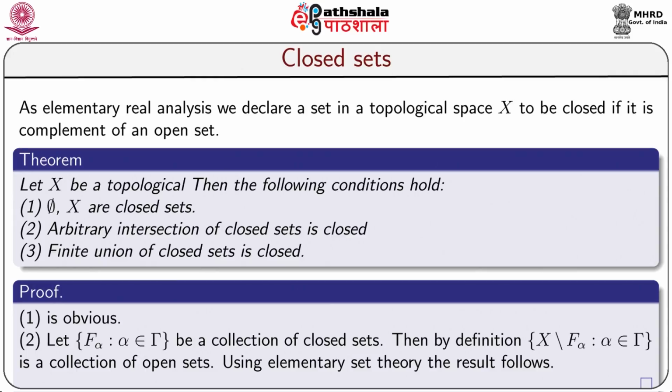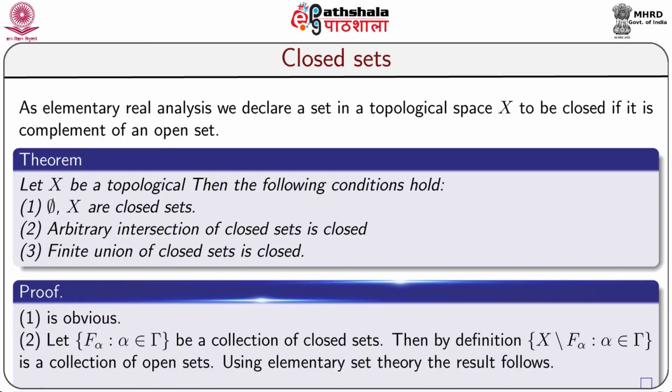The empty set and the whole set X are closed because their complements are open sets, and the rest of 2 follows from an elementary set theory result. We are just proving that an arbitrary intersection of closed sets is closed. So, let us consider an arbitrary collection of closed sets, F alpha such that alpha belongs to gamma, where gamma is an index set.